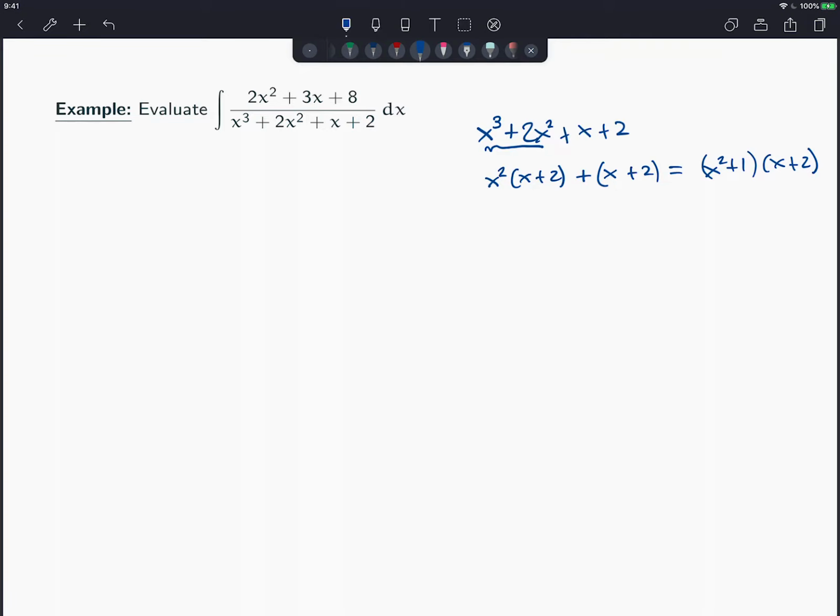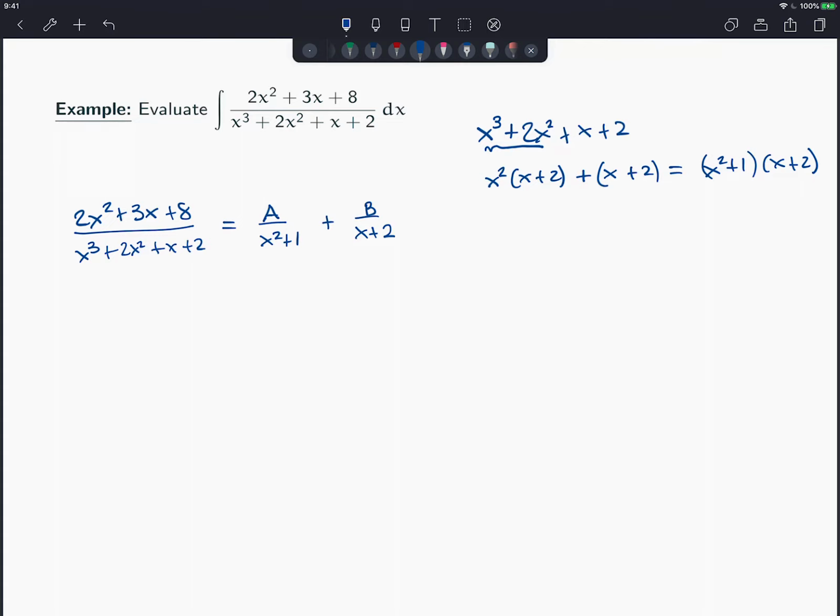So if I keep working on my method, if I write 2x squared plus 3x plus 8 divided by x cubed plus 2x squared plus x plus 2, I found out that the denominator could be written as, so I'm going to write here, somebody over x squared plus 1, and somebody over x plus 2.